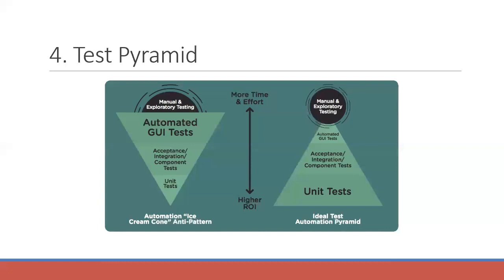Because you're so busy building this, you don't have time to work on the lower levels, right? At the same time, this is more effort and it's slower. Here it's higher. If you want to reach that continuous delivery point, you should probably write more unit tests. For example, for our project, we have around 6,000 unit tests, I believe. It used to be something like this, and now we're flipping.